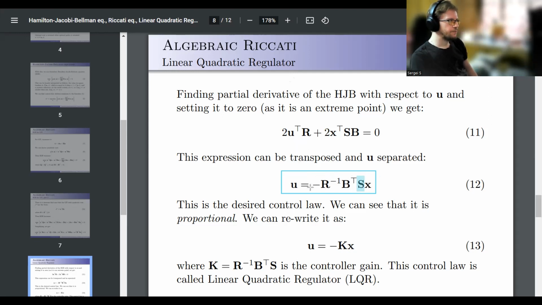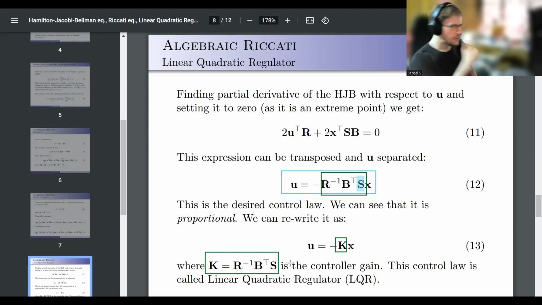Okay. Now, this is the control law. So using this control law, we could instantly say that this is a control gain. So we can rewrite it like this, where K would be equal to R inverse, B transpose, C. People sometimes like to give it interpretations.